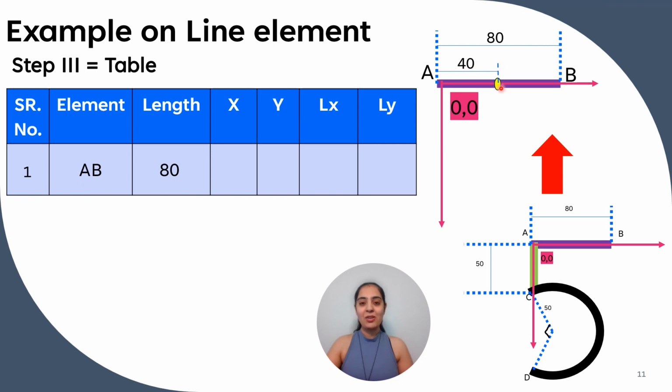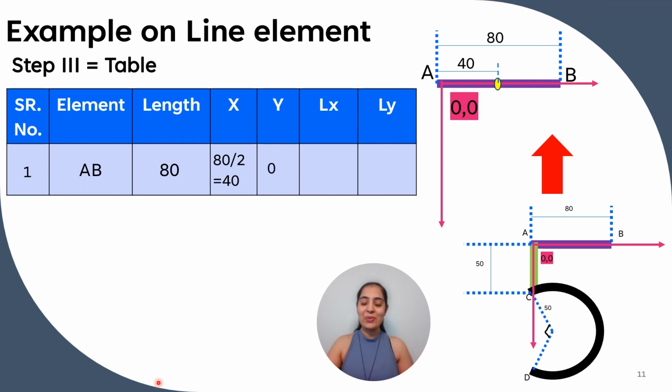So this yellow circle is the CG of the AB and it is at a distance of 40 units from the origin. So what is X? It is 80 by 2. Correct, 40. And what is Y for AB?